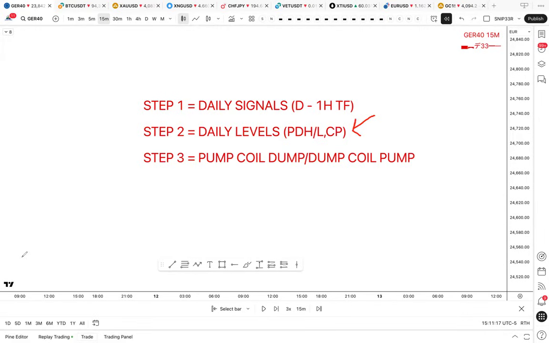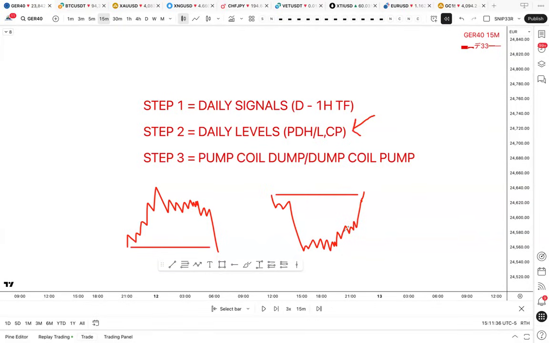And then step three, it's either going to be a pump coil dump or a dump coil pump on the day. Now I have switched or simplified my rules just a little bit. So you guys probably heard me say P formation low, P formation high, lower lows on the inside.